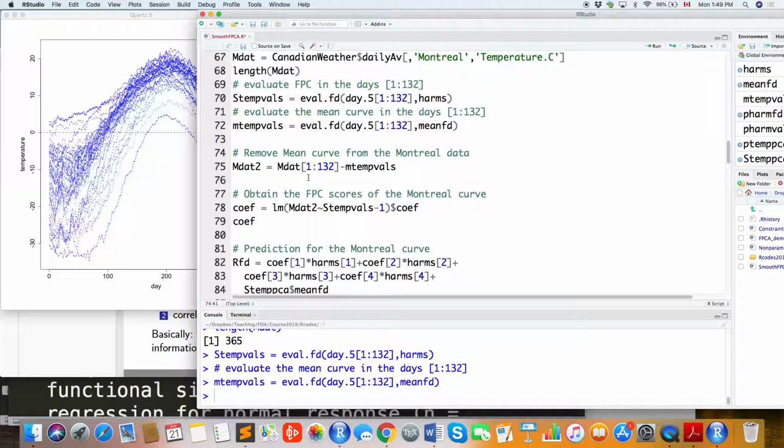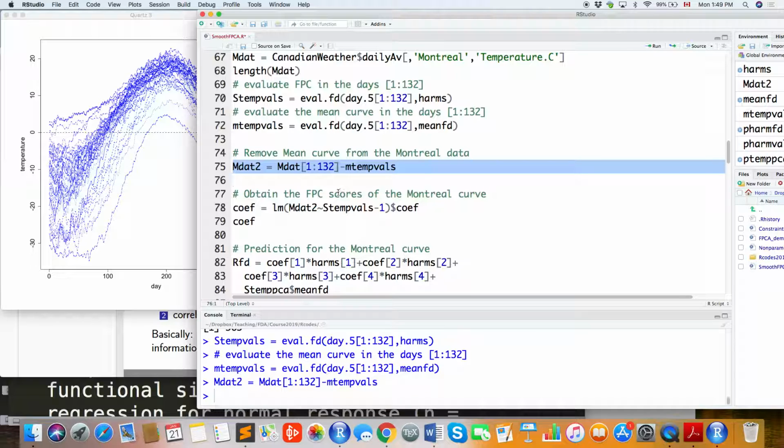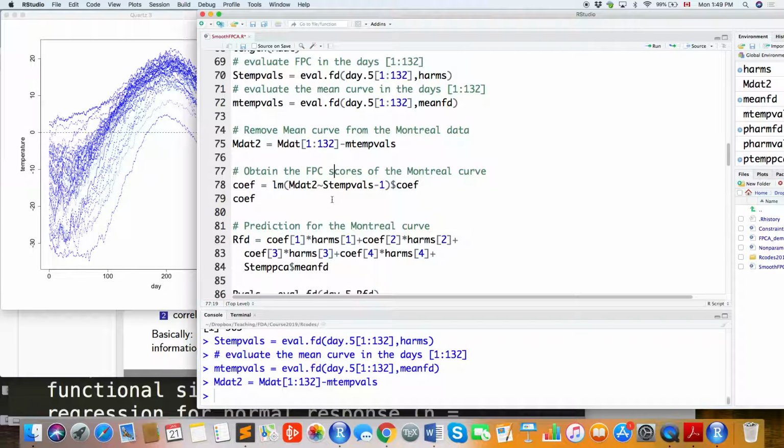We remove the mean curve from the Montreal temperature data, because FPCA always works on centered data, right? So basically the Montreal curve will be a linear combination of the 4 FPCs.